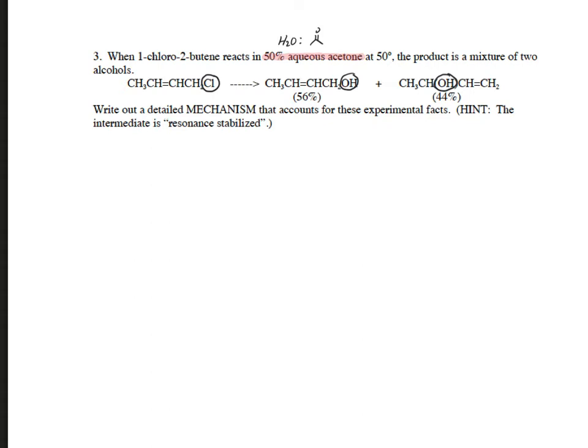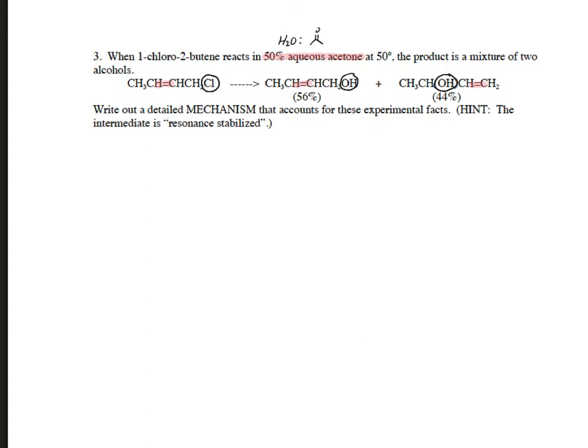Now I do see a double bond in the products, but if I take a look at the reactants, I also see a double bond there. So double bond, double bond, double bond. So I haven't created a double bond. It's still in the products. It just has been moved. And so I don't need to worry about making a new one. It's just a question of relocating the current one.